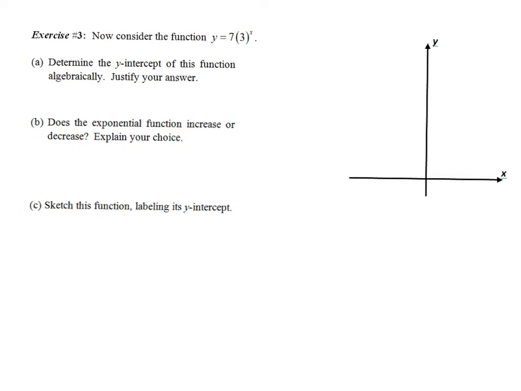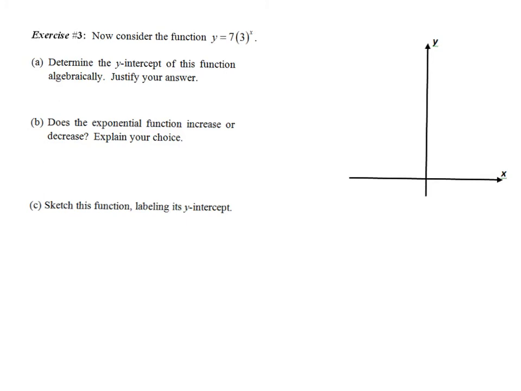The 7 is being multiplied by 3 to the x. Now we would never, in a case like this, multiply the 7 times the 3 before raising it to the x power. We of course have to follow the order of operations and do the exponent before we do the multiply. So don't be tempted to multiply the 7 times the 3.